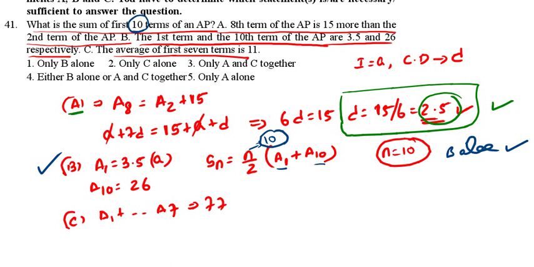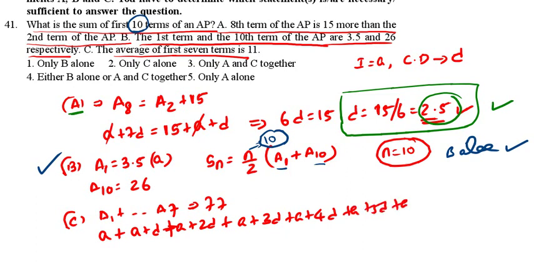So A, A plus D, A plus 2D, A plus 3D, A plus 4D, A plus 5D, plus A plus 6D is equal to 77. By using D equal to 2.5 from the first equation, we can find the A value. So we can find the sum of the first 10 terms also.